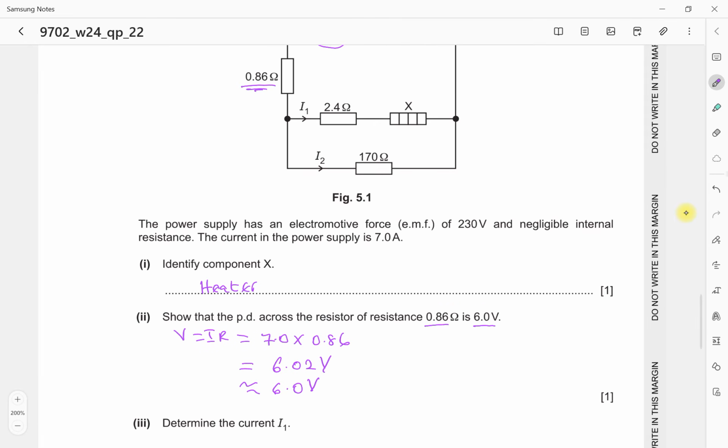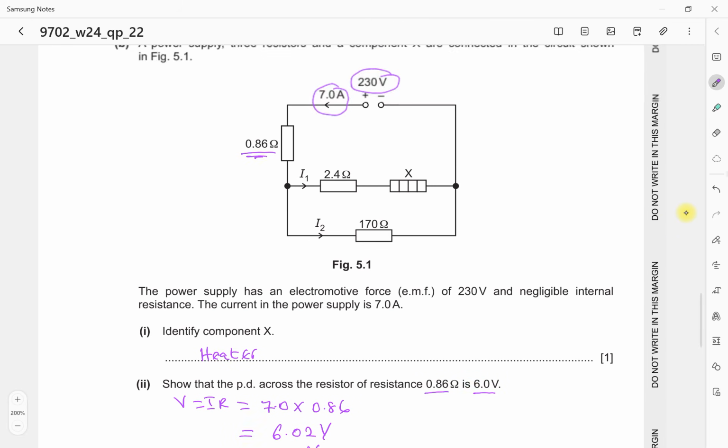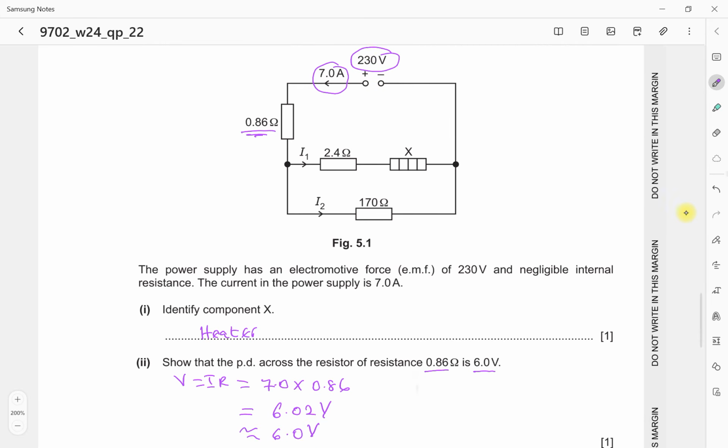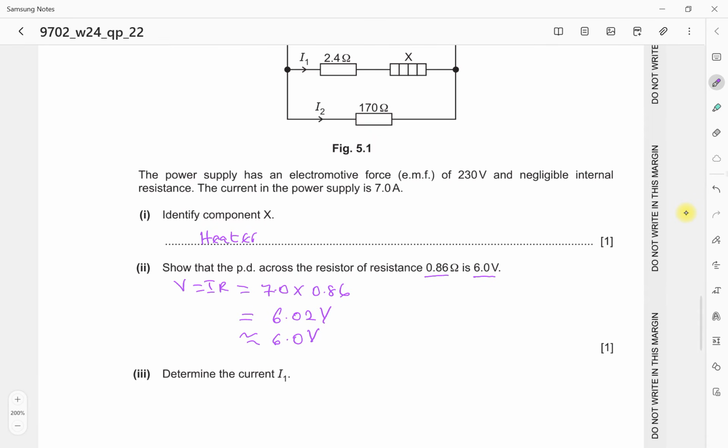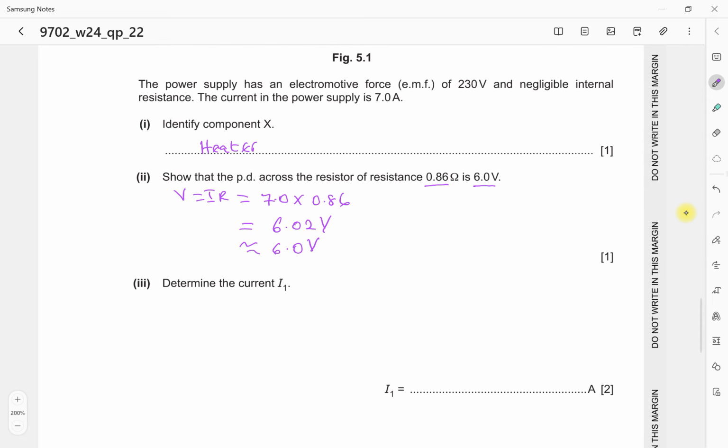Determine the current I1. So we can find the PD across the parallel combination, which is the same as the PD across 170 ohms. That is going to be just the difference.